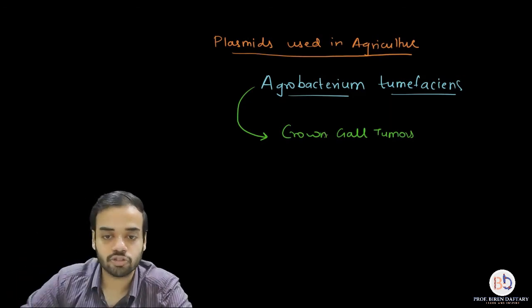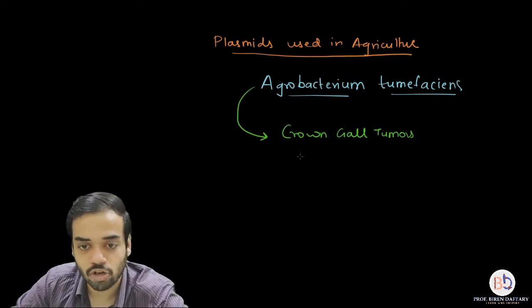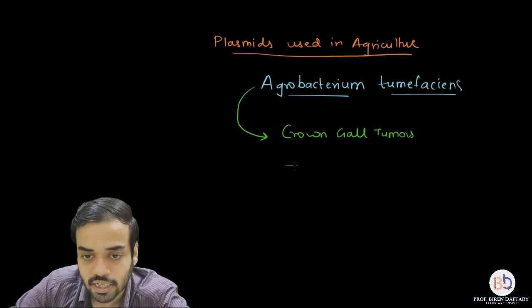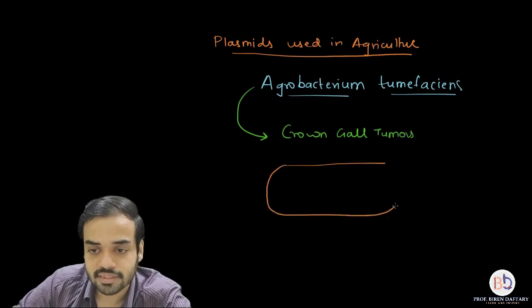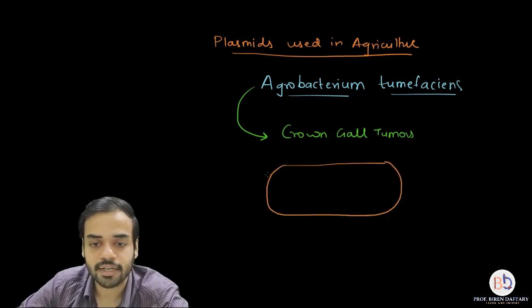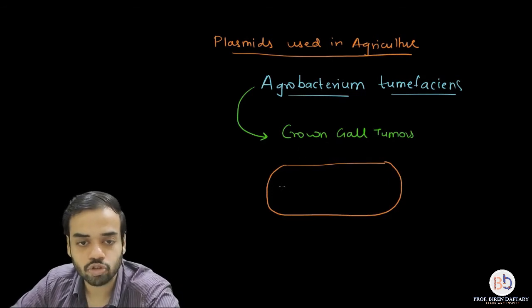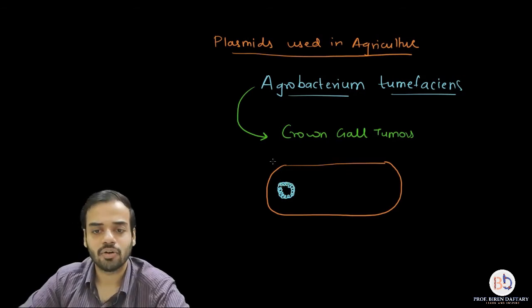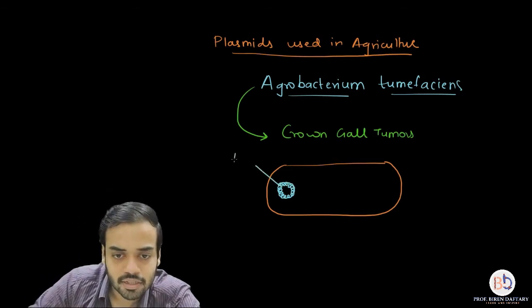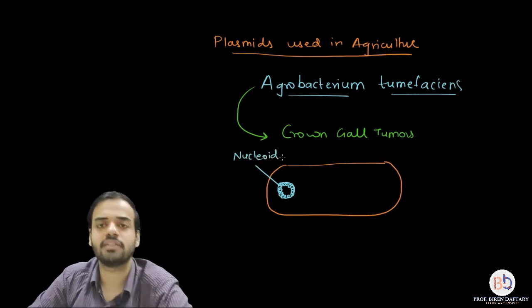Now suppose I draw this Agrobacterium. It is a bacterium, so again I am going to draw it like a regular bacterium. This is the bacterium, right? And I am going to show the nucleus of the bacterium, which is the nucleoid. I'm just going to label it nucleoid. I don't need to draw this, but I'm just trying to make things easy.